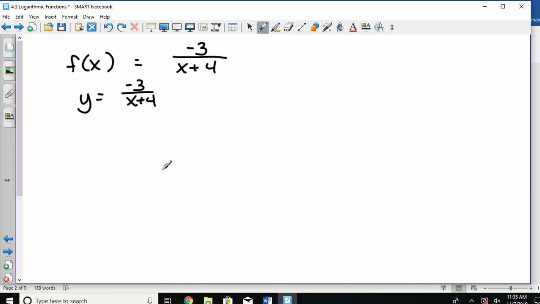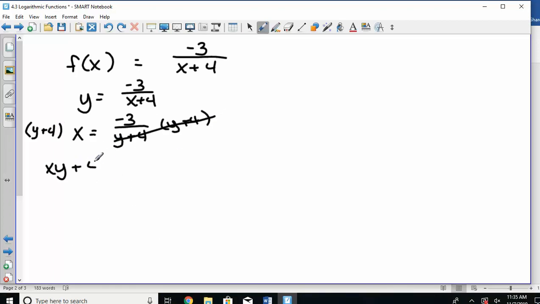And then so we usually got rid of the fraction, so multiply by y plus 4. So that gives me an xy plus 4x equals -3.